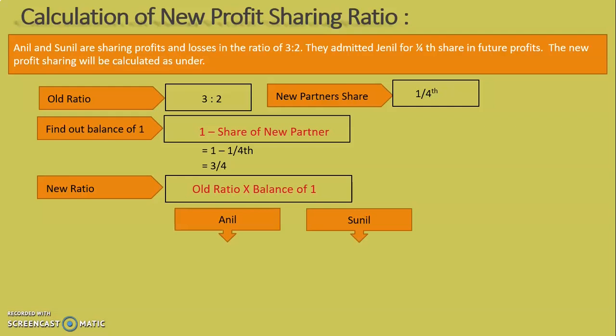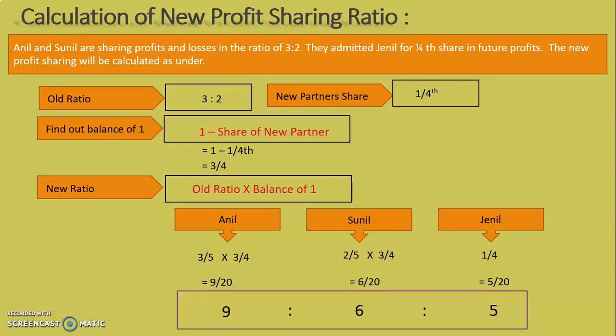So for Anil and Sunil, old ratio multiplied by balance of 1, we get 9/20 and 6/20. And when we convert the new partner's share proportionately, we get 5/20. So our new profit sharing ratio is 9:6:5.